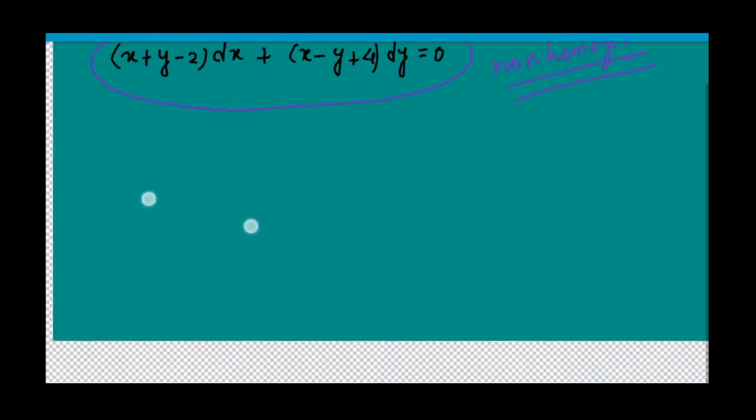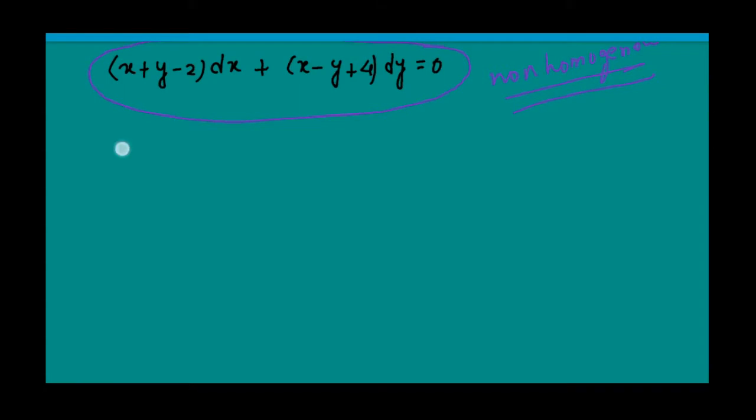So this is (x + y - 2) dx = -(x - y + 4) dy, and here dy/dx = -(x + y - 2)/(x - y + 4).